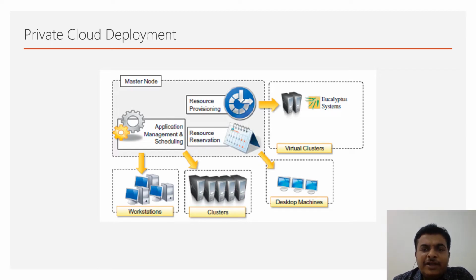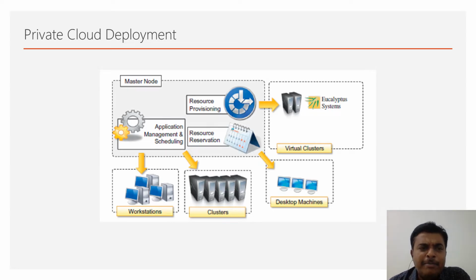And then we have other systems: the resource provisioning will keep on monitoring these systems, and whenever there is an excess in the load, then automatically it assigns additional resources by the resource provisioning feature. They may be formed in the way called virtual clusters.